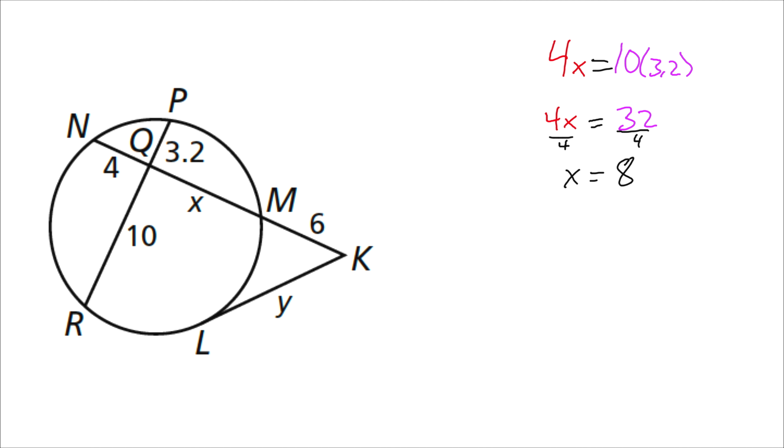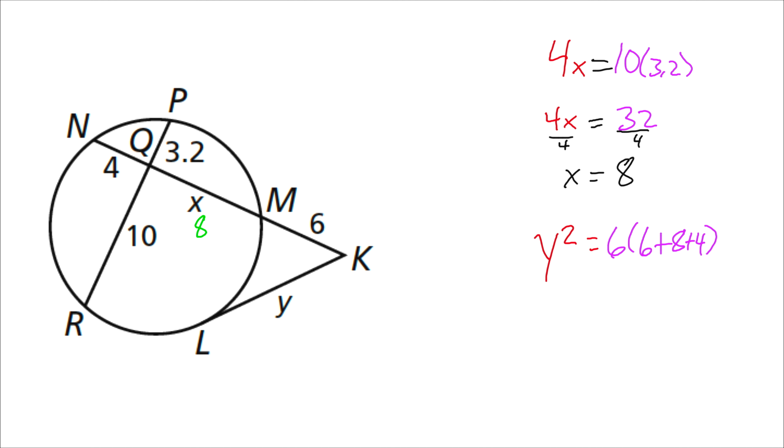So x is 8. Now that I know that, we have to keep going though. I now need to find y. And so I know that y squared is equal to, in this case, let's see, that would be 6 times 6 plus 8 plus 4.